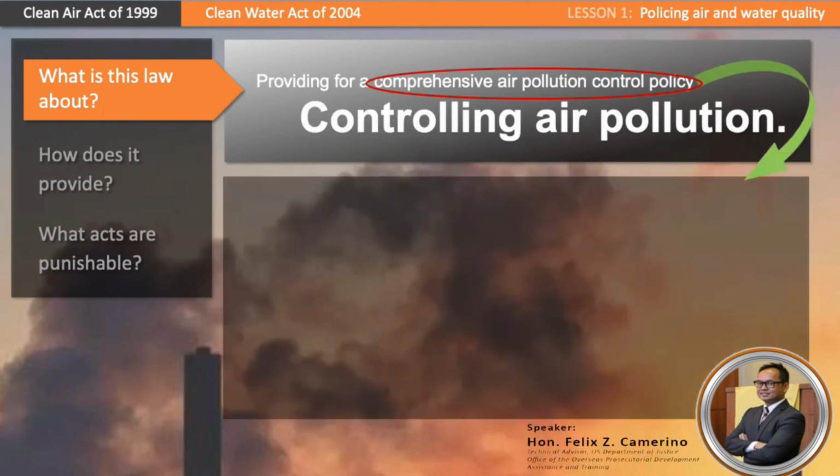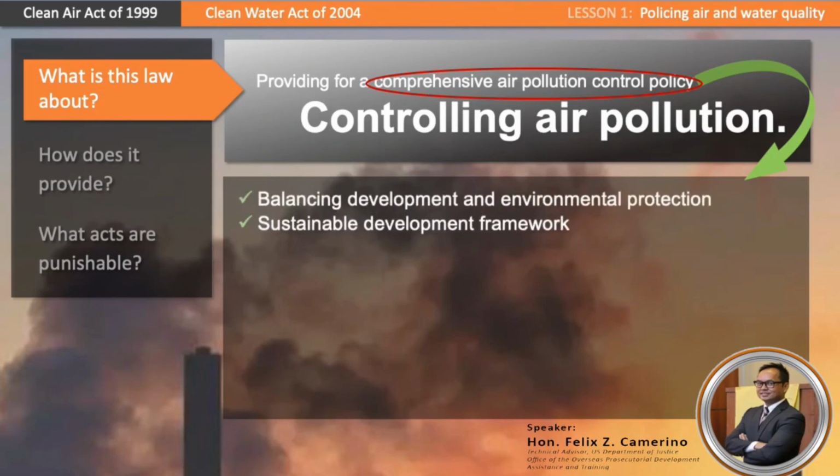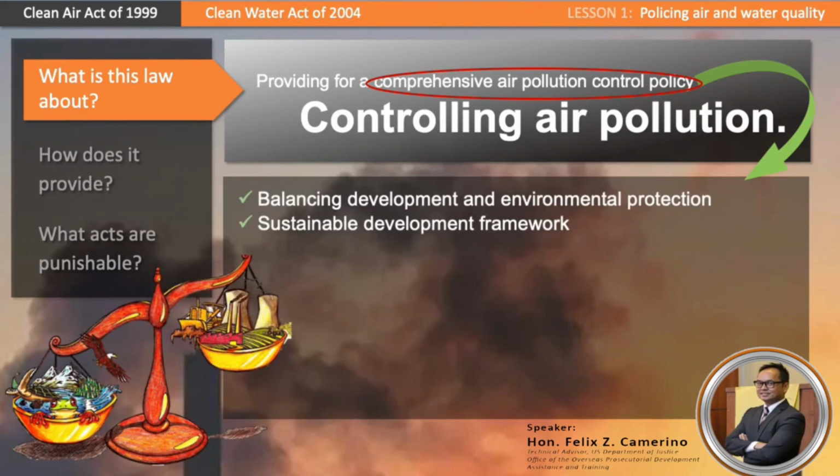So we're going to look at what the law says this comprehensive air pollution control policy provides. First, it says that it shall pursue a policy of balancing development and environmental protection, and that it shall also pursue a framework based on sustainable development.